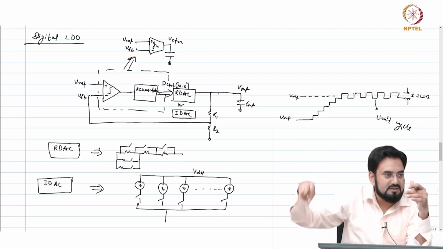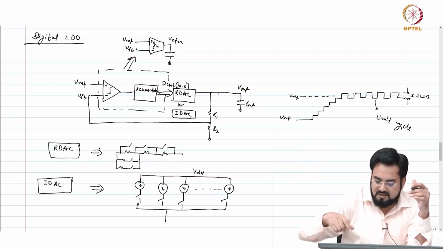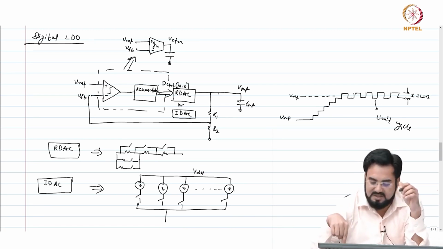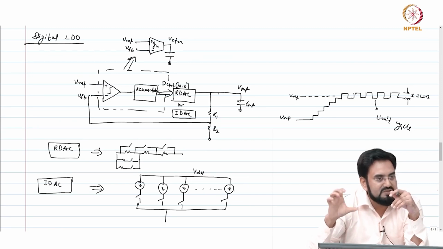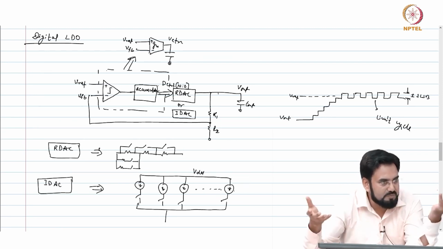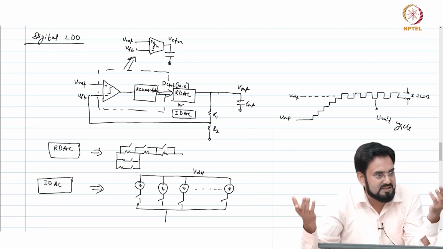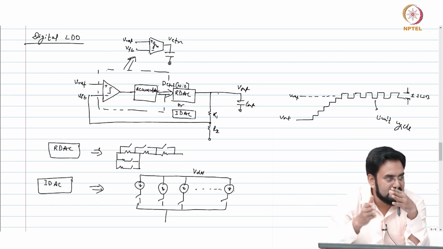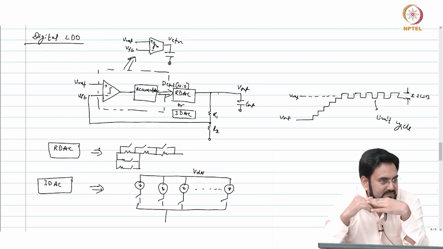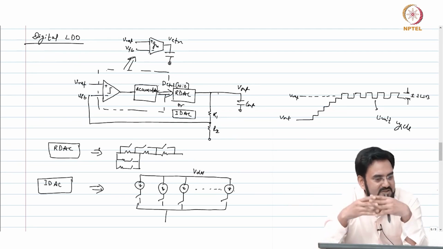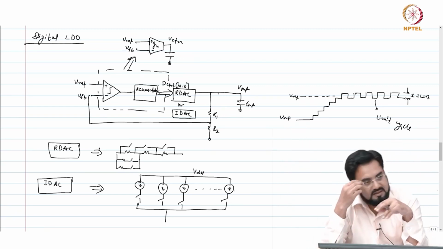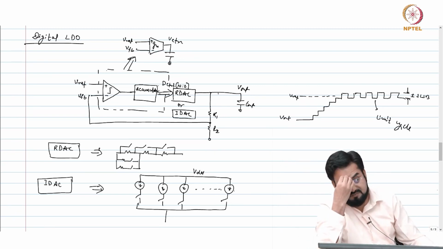So it will not be a sine, it will look like a triangular waveform actually. So instead of plus minus 1 LSB, the limit cycle amplitude will start increasing. It may go to plus minus 2 LSB, 3 LSB, 4 LSB. So it will keep increasing as you bring your output pole near UGB, and when you bring it inside UGB, it may become almost unstable and you will get very large oscillations at the output.